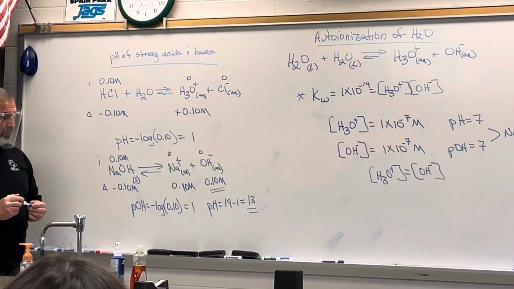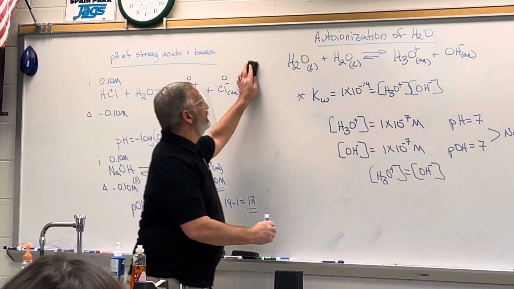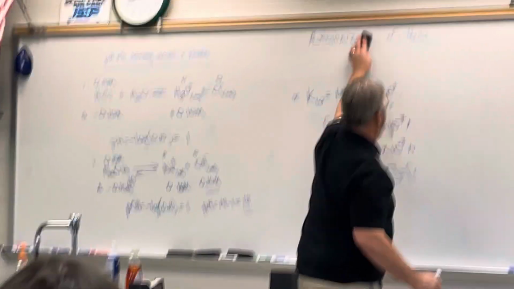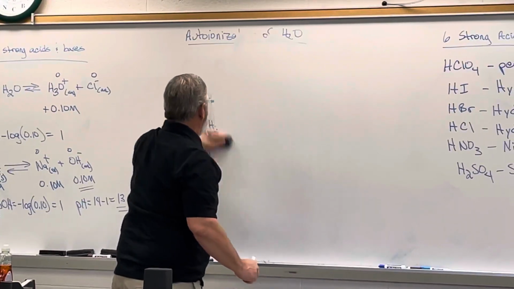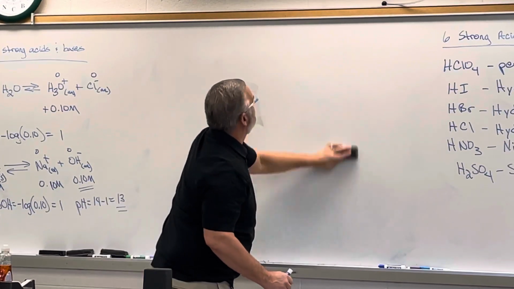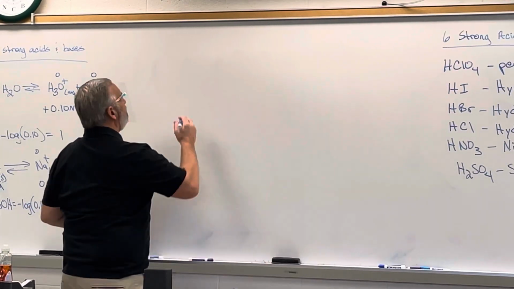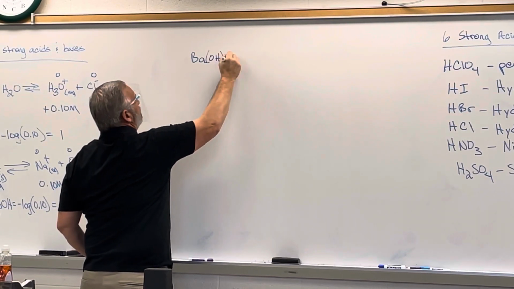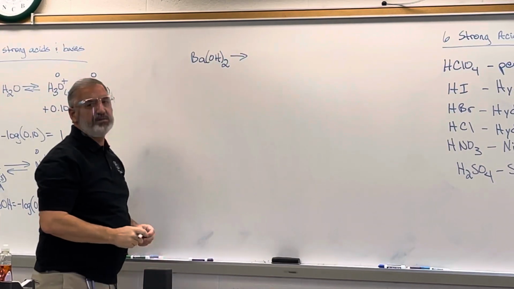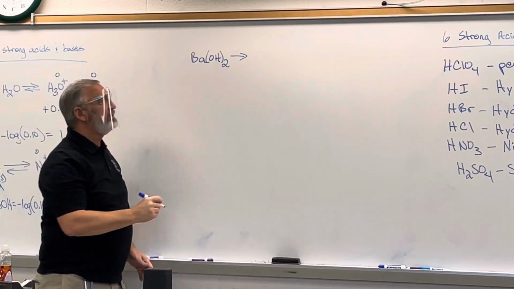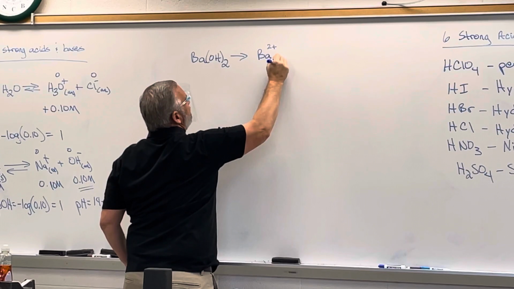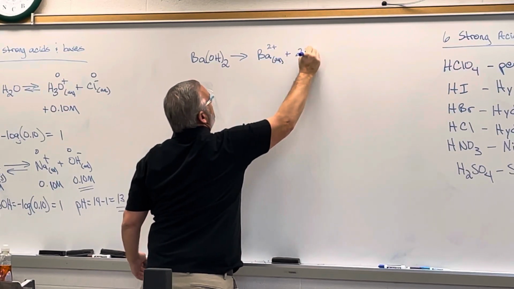All right? Now what if we put in barium hydroxide? What's that going to dissociate into? Ba2+ plus 2 OH-.